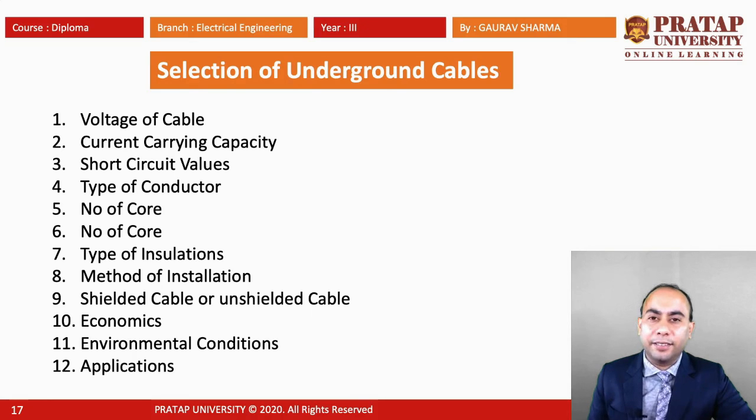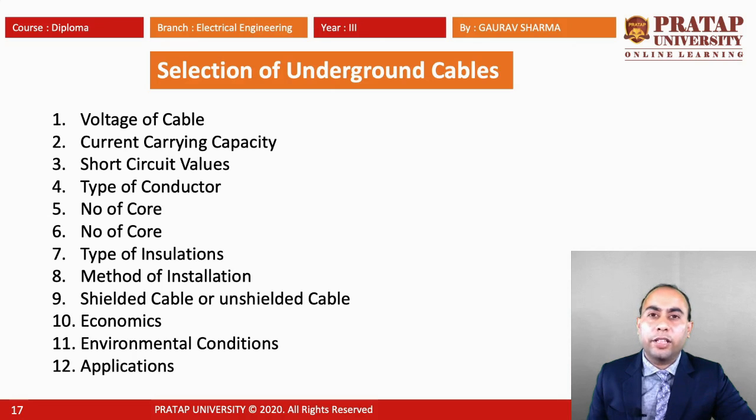On this point also we can select our cable, along with the method of installation we are using. Shielded cable or unshielded cable is also considered, because if shielded cable is there or unshielded cable is there, we have to consider that. And the most important is economics, what is the price of the cable.